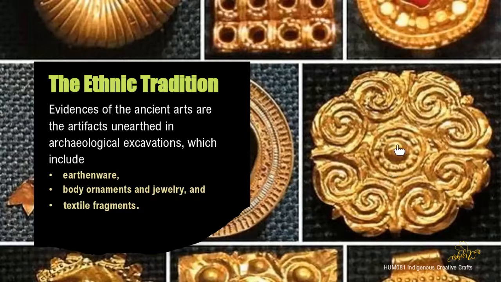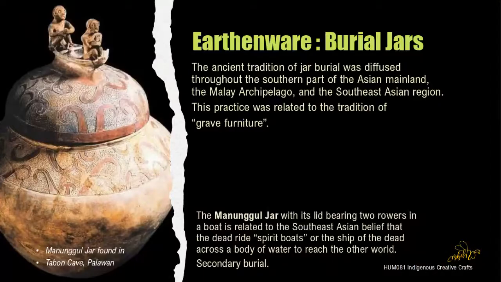So let us start first with the earthenware or the burial jars. In the case of the burial jars that we have here, the ancient tradition of jar burial was diffused or spread throughout the southern part of the Asian mainland, the Malay archipelago, and the Southeast Asian region.